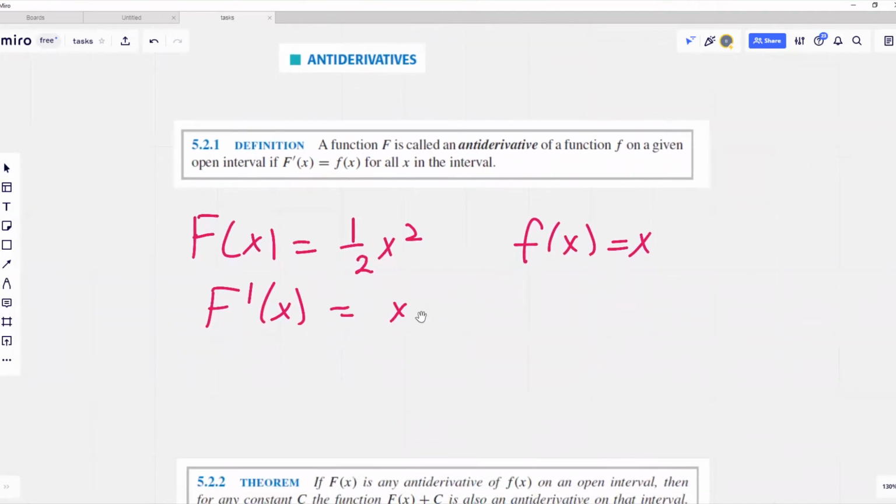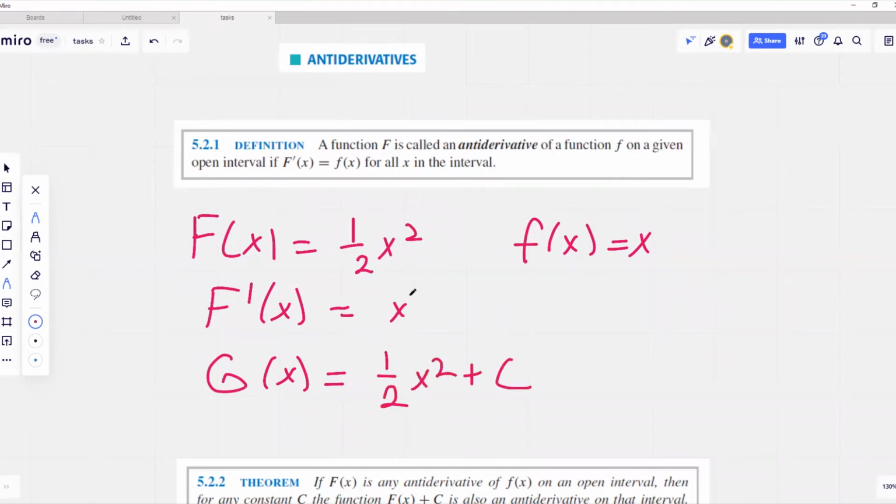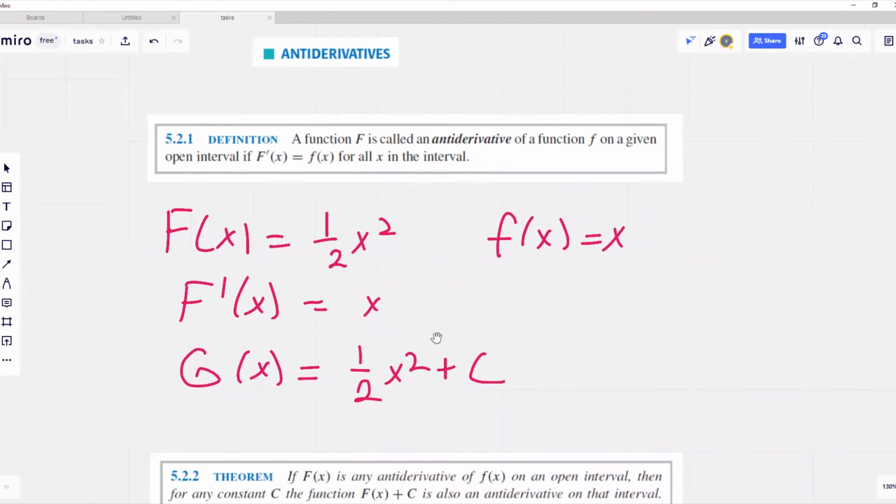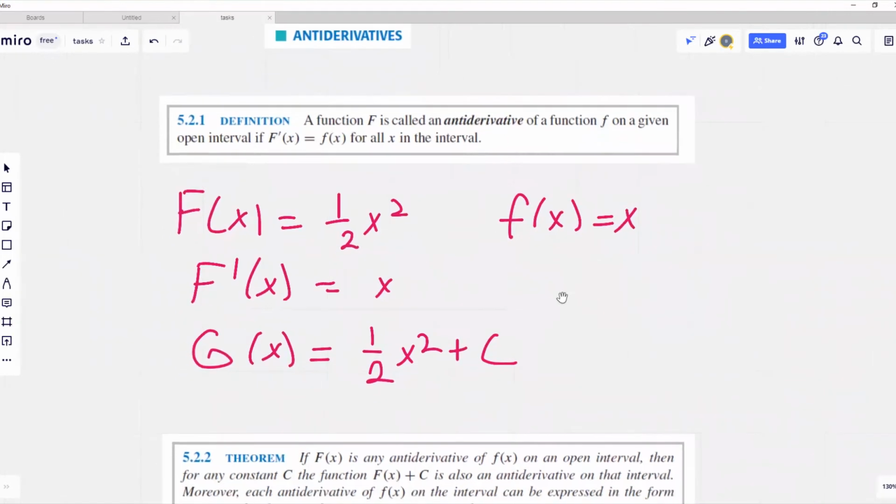Now, however, you can also obtain other antiderivatives. Let's call this big G(x). If you found one particular antiderivative, then you can find all other antiderivatives by adding some constant to it. Then 1/2 x squared plus some constant will be a general form of antiderivative for the function f(x) equal to x.